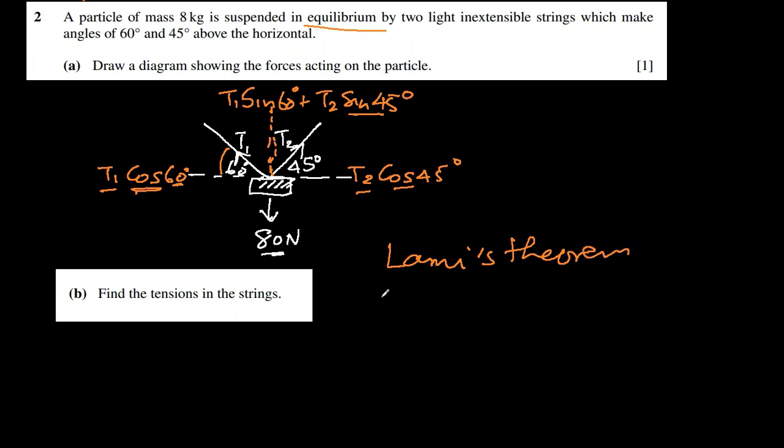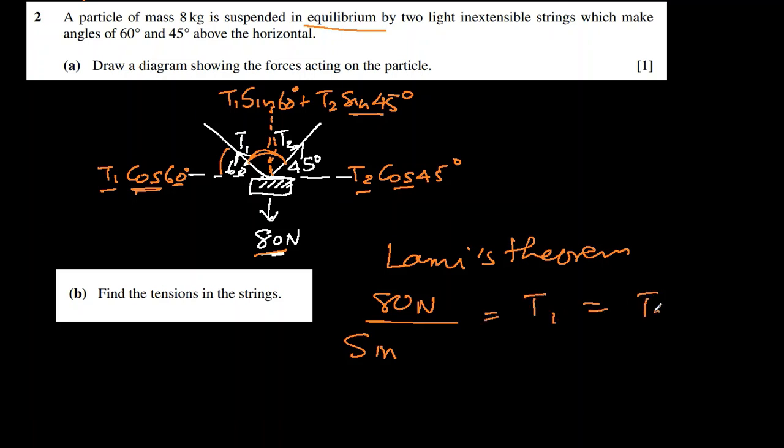It says any force, let's start with 80 newtons, divided by the sine of the angle opposite to that force. This is 80 newtons. The opposite angle will be the angle made by the other two forces, which are T1 and T2.